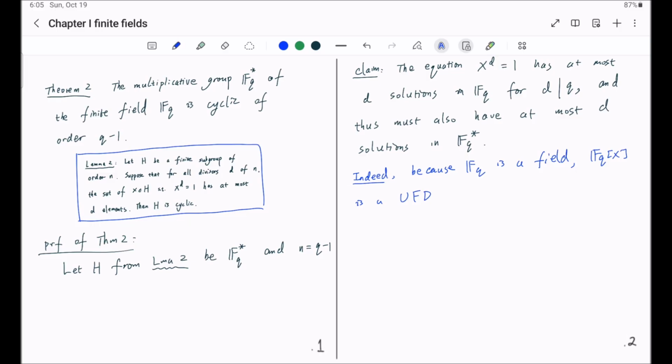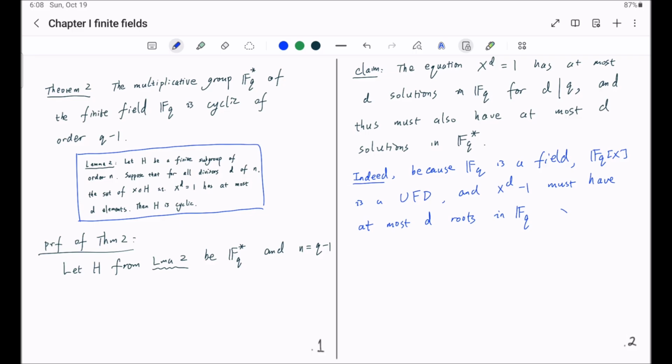And from basic abstract algebra, you know that in a UFD, this polynomial of degree d has at most d roots. And because 0 is not a root, it also must have at most d roots in F_q star.